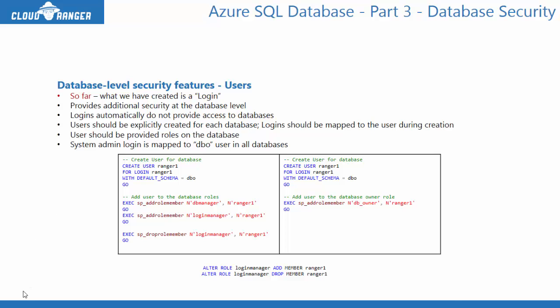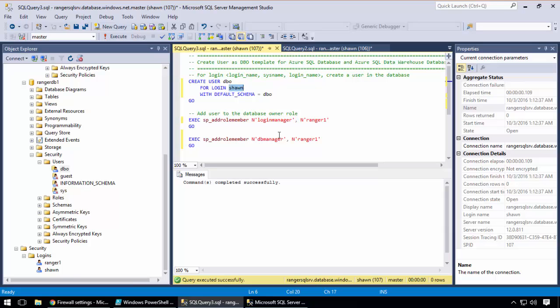Now, let's go back to the lab computer here. I want to do a couple of things. I've shown you what a login is at the server level, what a user is at the database level, how to map them, how to give them some roles, and things like that.